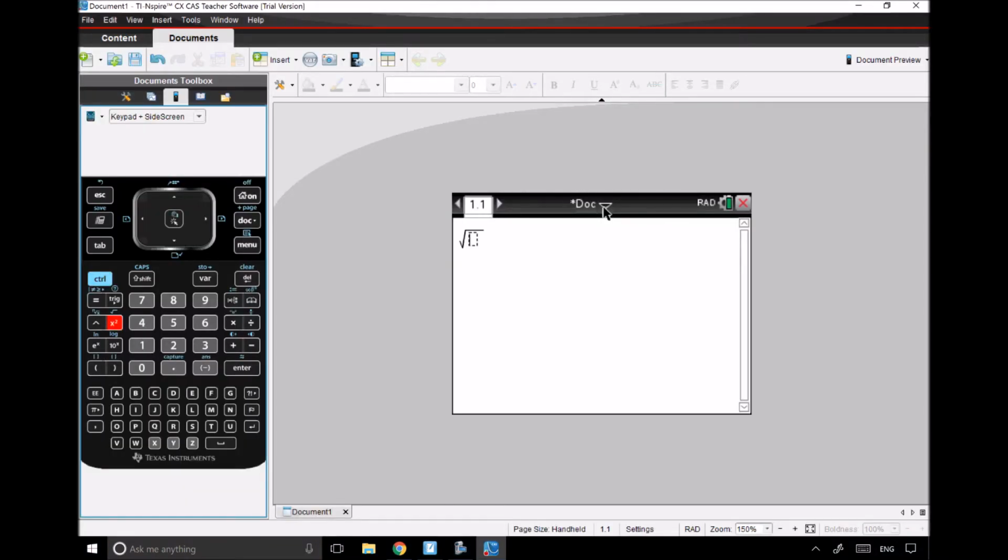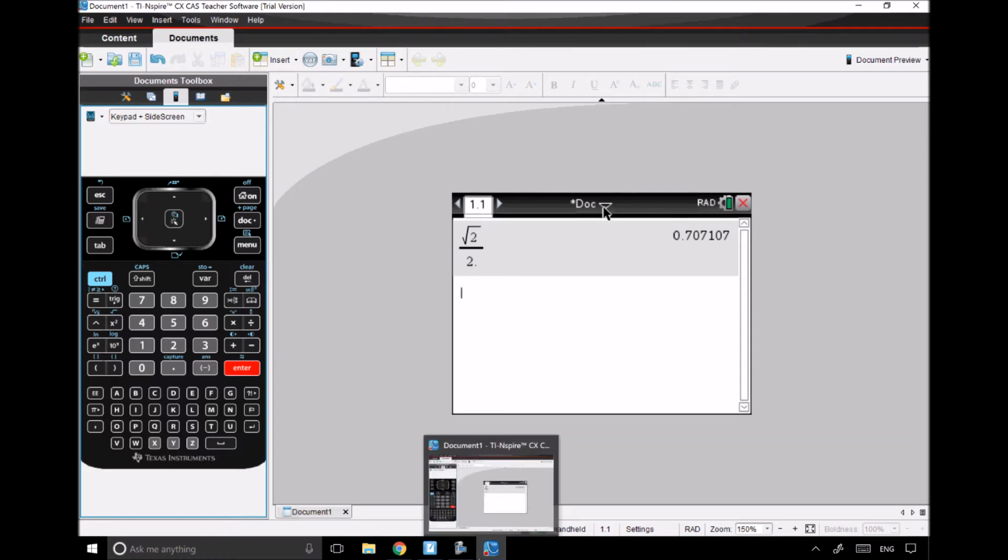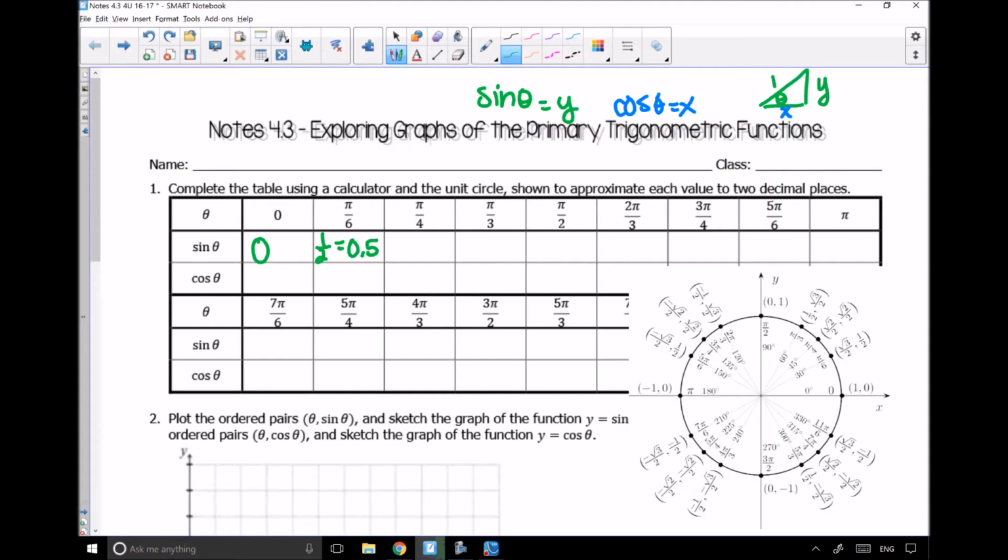So the square root of 2 divided by 2 approximately is going to be 0.707107, so on and so forth. But I believe the directions say to do to 2 decimal places. So we're going to say that it's equal to the square root of 2 over 2, which is approximately 0.71.